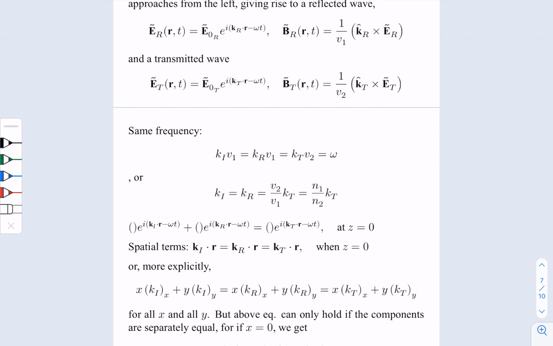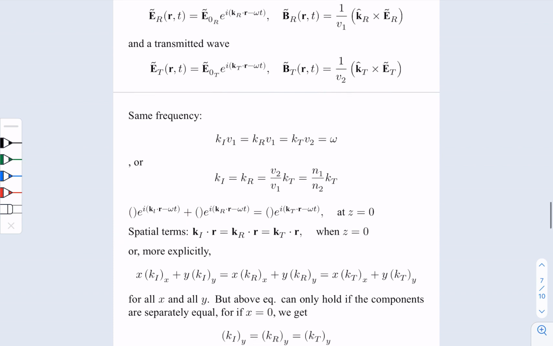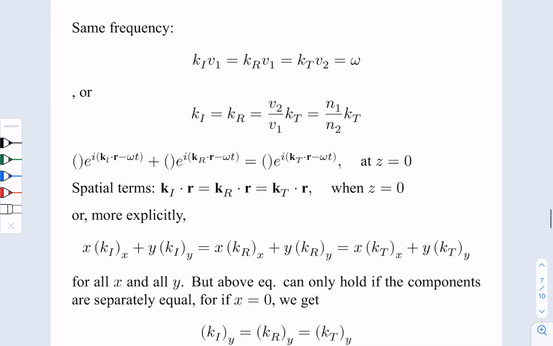So at the plane of the boundary, which is z equals 0, even though we are not sure what the coefficients in front should be, what's in the exponent must be written down like this, because here the omega is the exact same frequency.